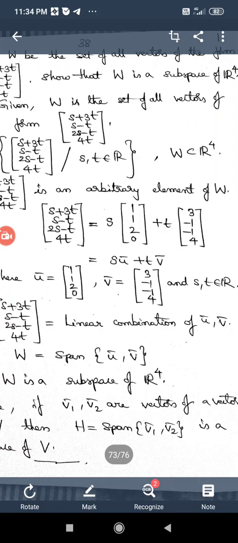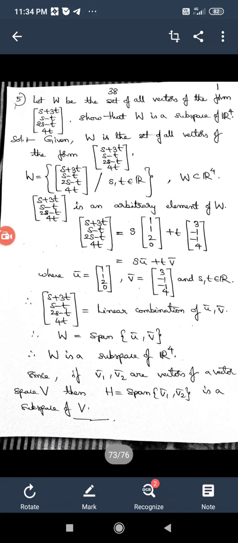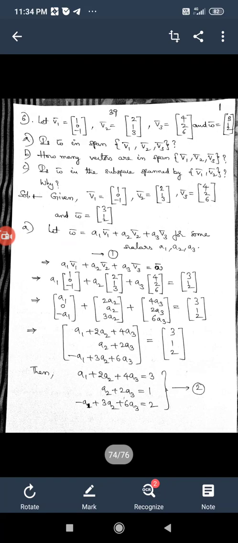That means W is equal to span of u bar comma v bar. That is how W is a subspace of R4, since if v1 bar, v2 bar are vectors of a vector space V, then H equal to span of v1 bar comma v2 bar is a subspace of V.